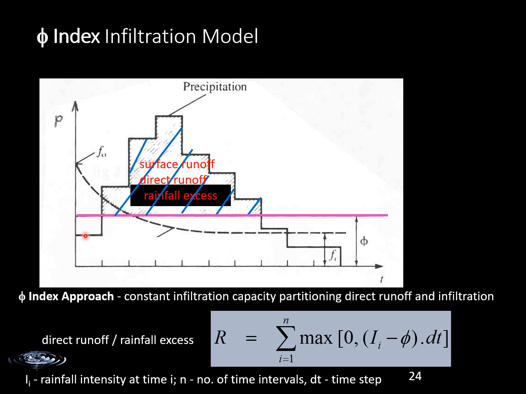Initially the rainfall is up to here, and in the next hour, let's say every hour, so the first hour this much is rainfall, and then a little bit higher rainfall, further larger rainfall, and the rainfall is up to here, and then again rainfall starts to drop, and then ultimately it goes to 0.